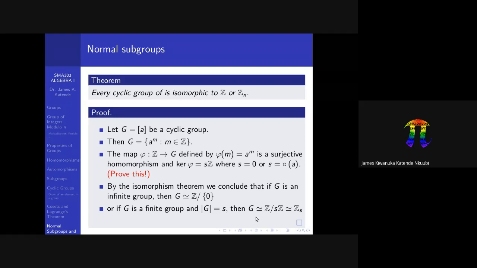It can be shown that this factor group is actually isomorphic to the group of integers modulo S. This factor group will have exactly S distinct cosets of SZ, and also Zs has exactly S elements, and there is an isomorphism between these two. So that eventually means that G will be isomorphic to Zs, where S is the order of the generator A of G.